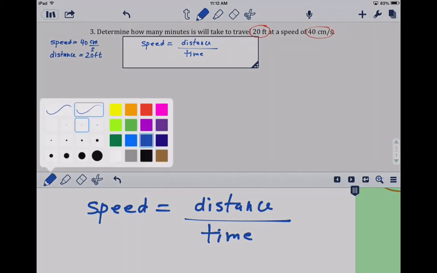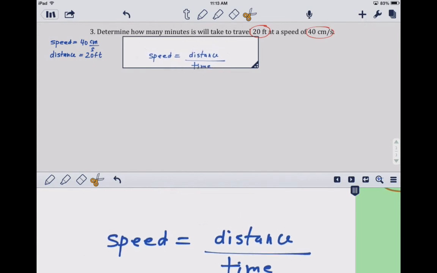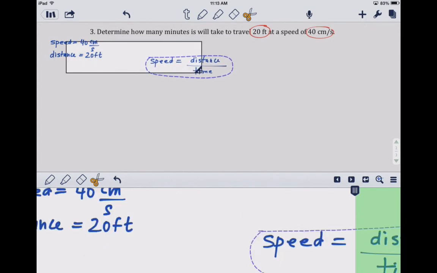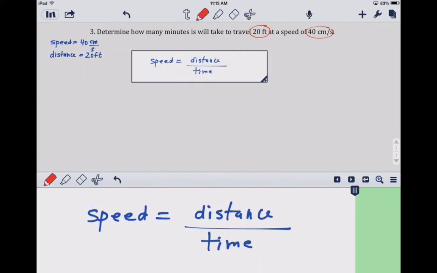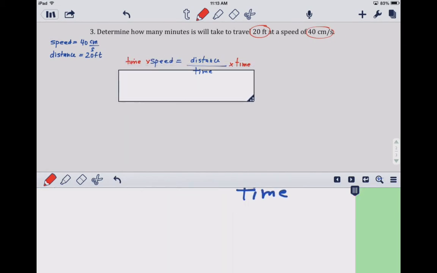So to do that, I need to bring time to the top. Let me move this down, give us a little more space. So I would multiply this side by time and this side by time. What that would give me is time times speed equals distance.